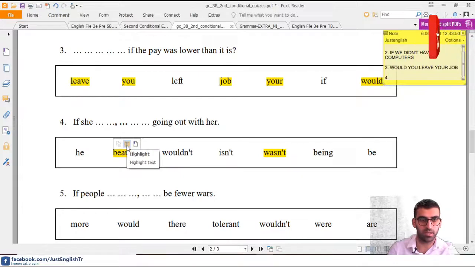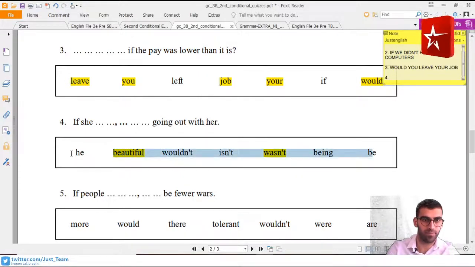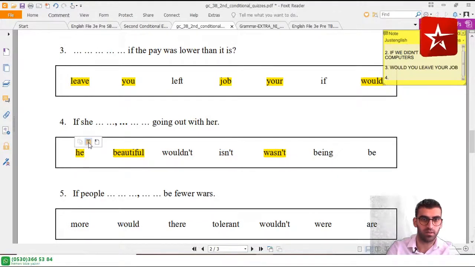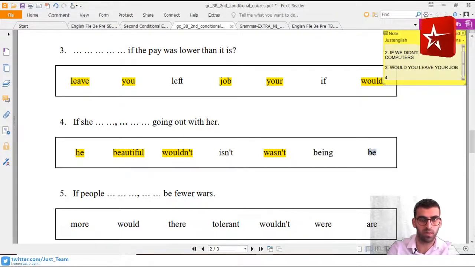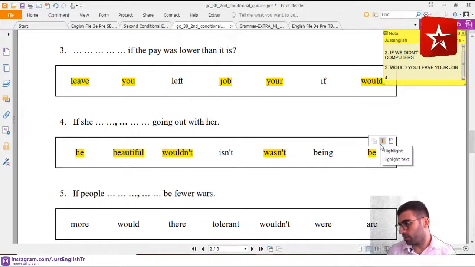If she wasn't beautiful, he wouldn't be going out with her. Yes, wouldn't be going out with her.